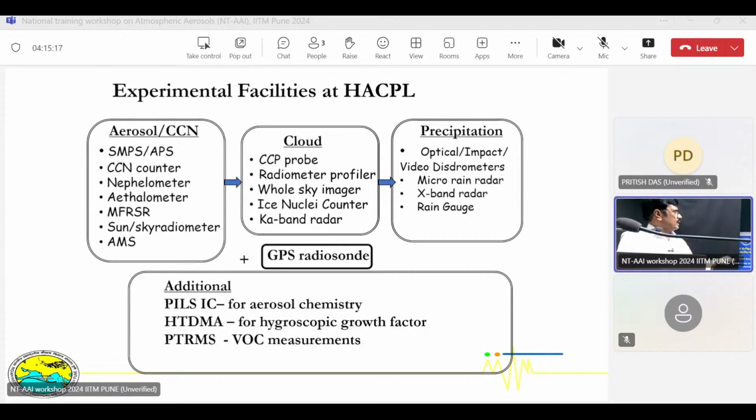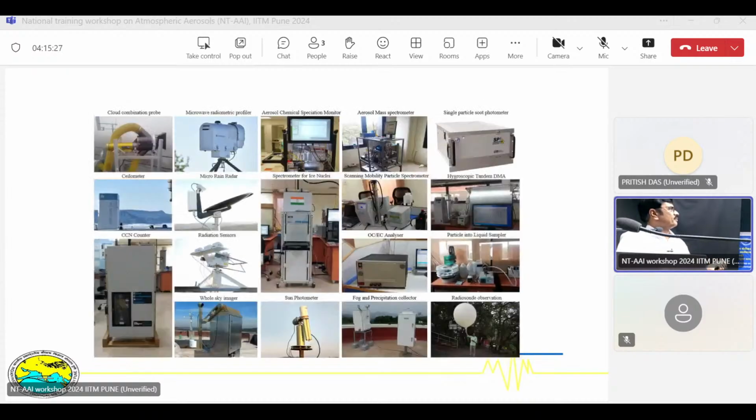The other instruments are covered elsewhere: hygroscopicity, differential mobility analyzer. VOC is beyond the scope of this workshop. So these are all the different observing facilities set up at Mahabaleshwar. I'll try to cover the cloud probe, and if time permits, the spectrometer for ice nuclei.